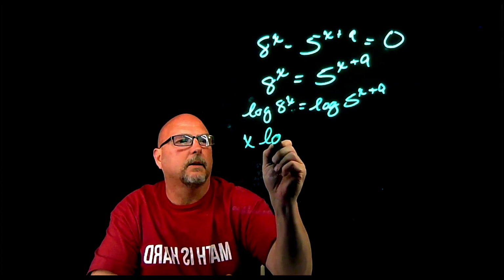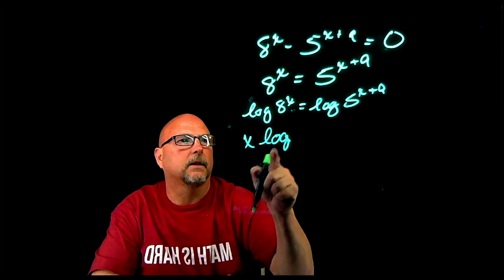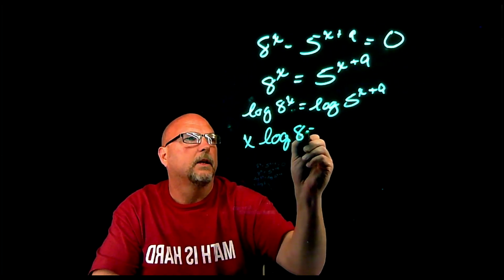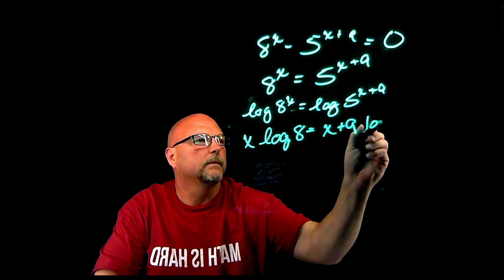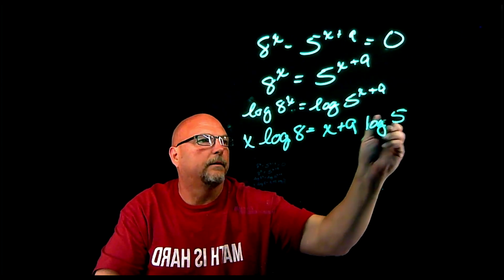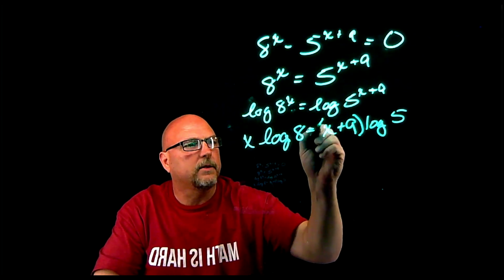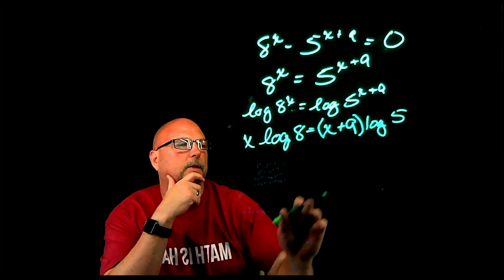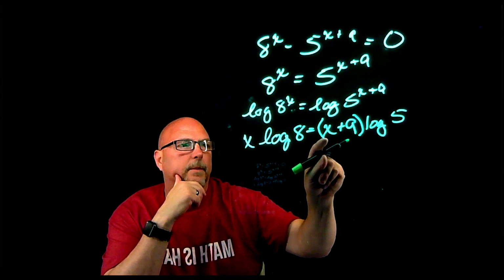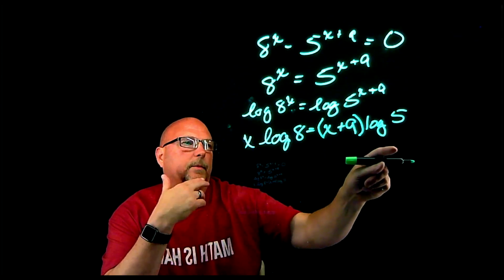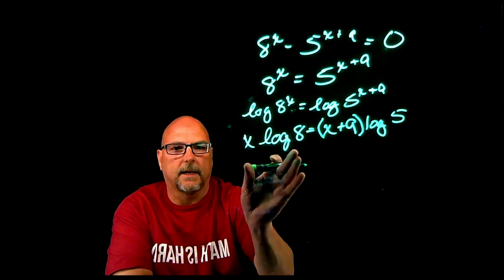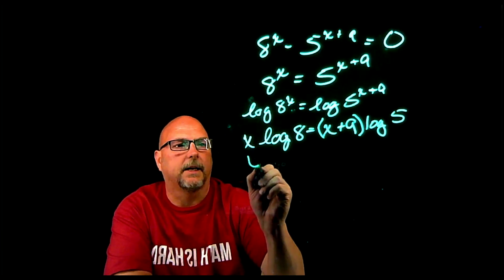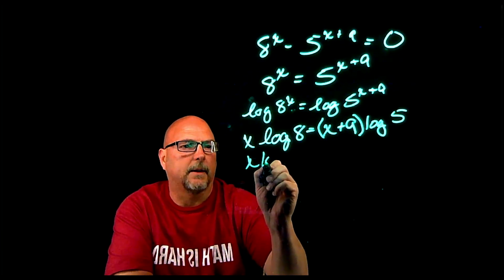So x times the log of 8 equals x plus 9 times the log of 5. And this goes into parentheses because I'm going to have to distribute the log of 5 on x and 9 so that I can get my x's together on one side. So let's do that in this step.